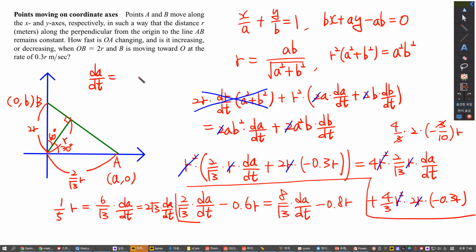So 1 over 10 times the square root of 3 times R is the speed of A.